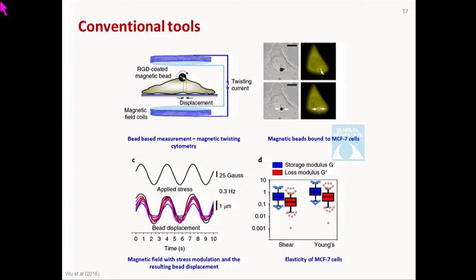When you do that, you track the bead displacement, and you make sure that this is a ferromagnetic bead, because it should respond to the magnetic field. The tracked bead displacement is correlated with the mechanical property of the cell, the stiffness of the cell. This information can be translated to obtain mainly the storage modulus and loss modulus, which can give you the total modulus.